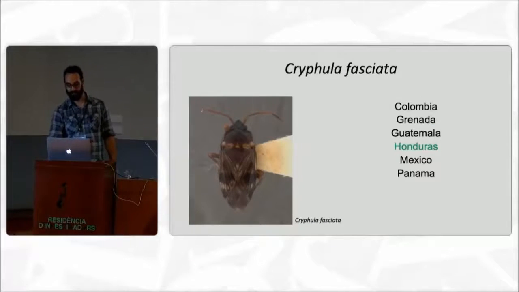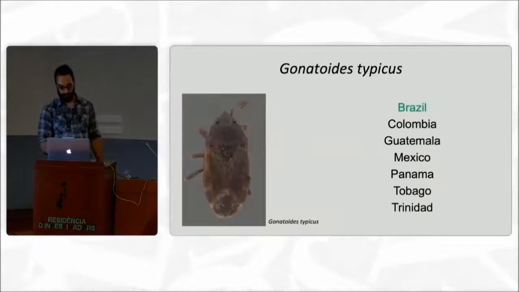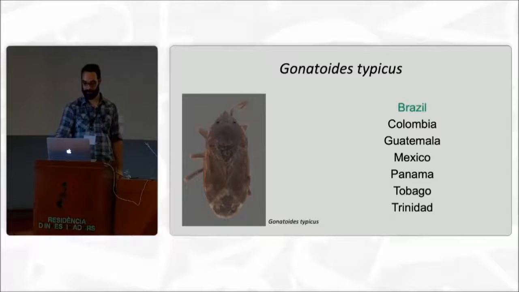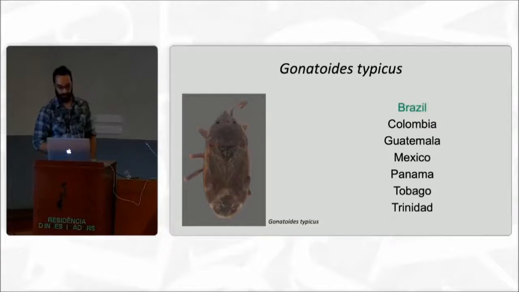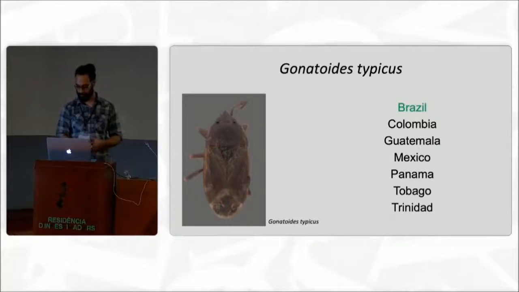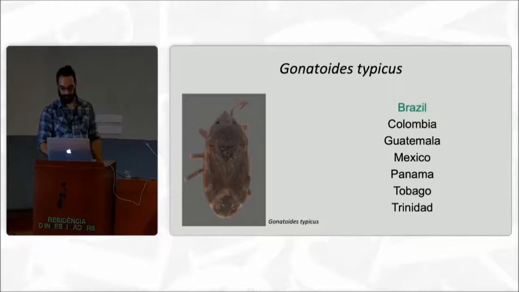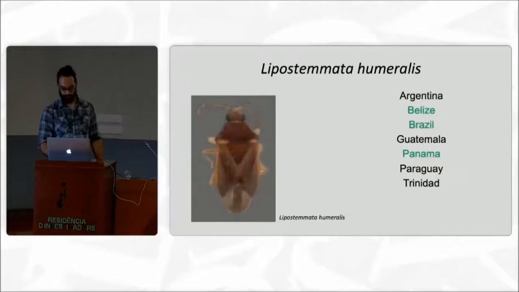Crifula fasciata, Honduras. Gonatoides typicus, Brazil. You see, for this example here, they're only in the north area of South America and Central America, and sometimes they occur also south, like this one, like Argentina.